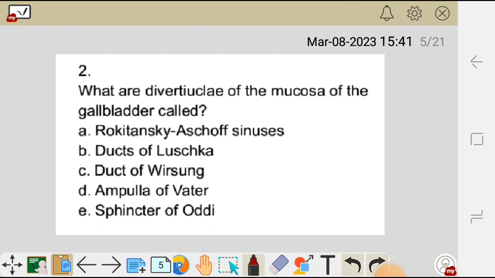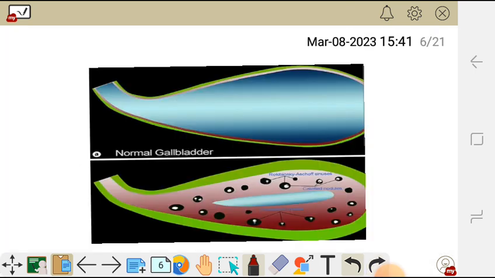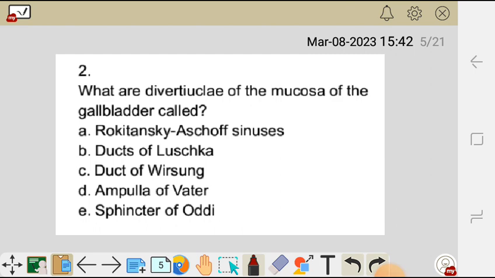A diverticulum is simply like a pouch in a structure. As we can see in this diagram, we have the normal gallbladder, and we also have an abnormal gallbladder where we can see the diverticulum, which is simply a pouch, some pouches inside the gallbladder, and those pouches are called the Rokitansky-Aschoff sinuses.